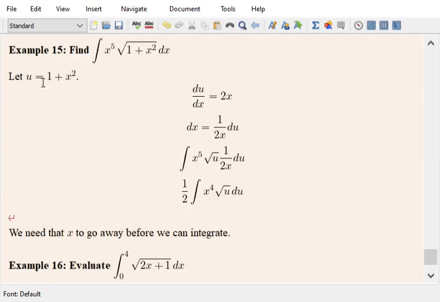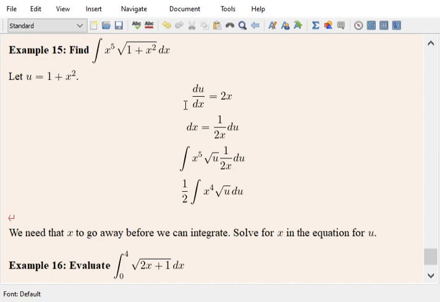So how about this? Up here, we started by saying that u is equal to 1 plus x squared. Well, let's solve for x in this equation. Right?